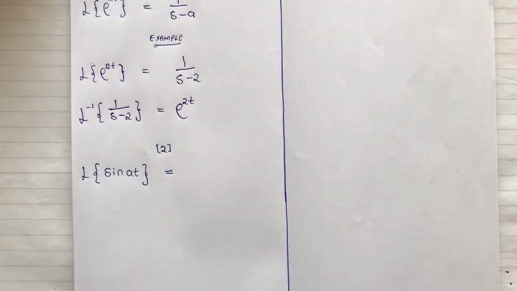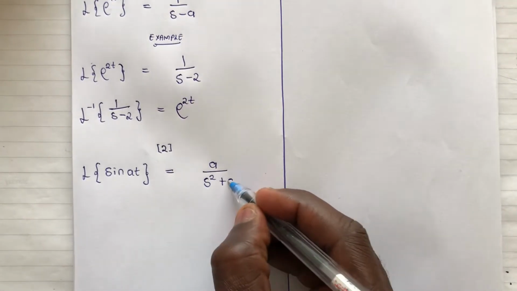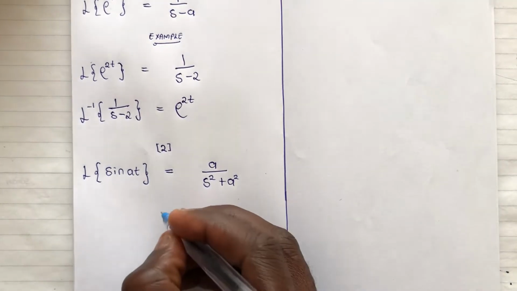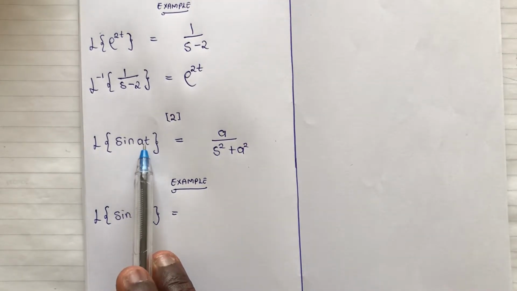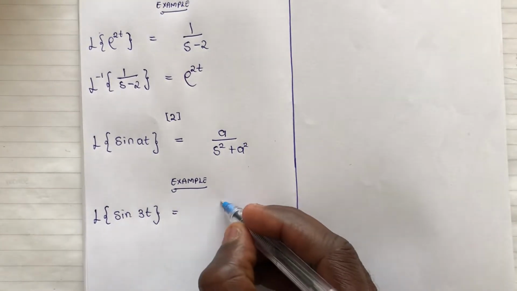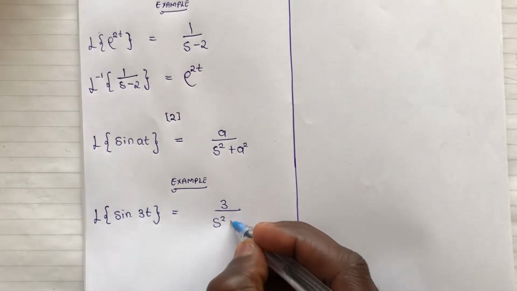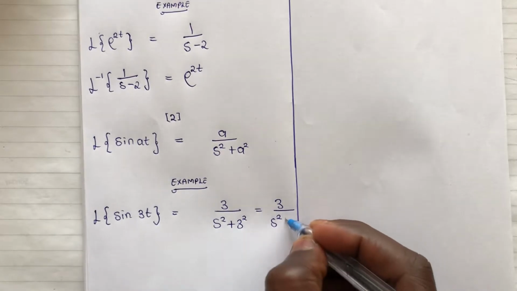Again, in the other videos, we also learned that the Laplace transform of sine at was generating a result after proving and solving. The result was giving us a over s squared plus a squared. For example, let's find the Laplace transform of sine 3t. Watch carefully. From the proving, Laplace transform of sine at will give you this result. So the Laplace transform of sine 3t will give you 3 over s squared plus 3 squared, giving you 3 over s squared plus 9.